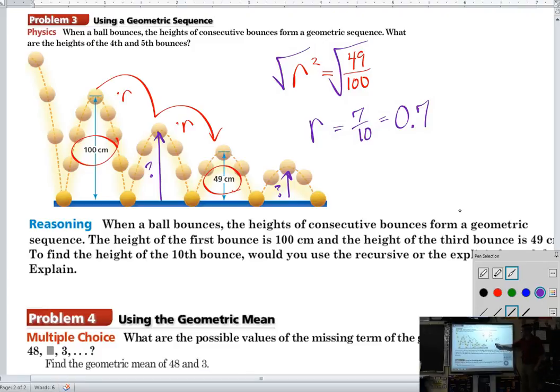So we write this as a sub n. I can easily start with the first bounce times 0.7 to the n minus 1. Or if we evaluate this so we can just have a power of n, you figured it out yet?